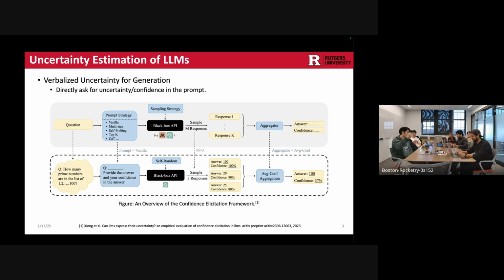If you take a look at the prompt, you would ask the model, hey, what's the confidence of your answer? And then after going through the different prompting strategies and also the sampling strategies, you get a bunch of responses, and then you apply an aggregator, or confidence aggregation, and you just take the average confidence of those answers, and so you have some sort of estimation of the uncertainty.